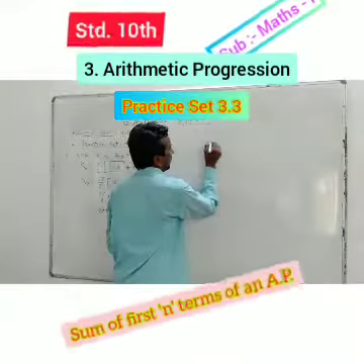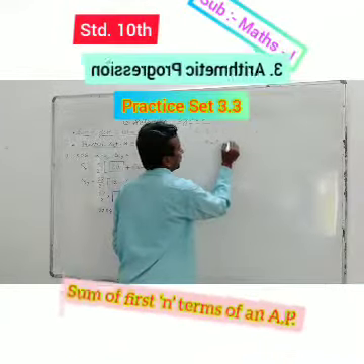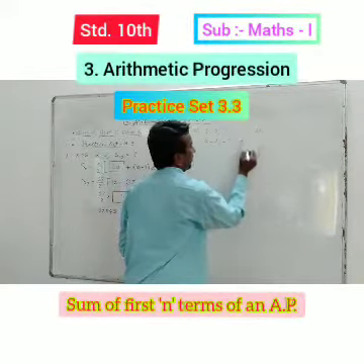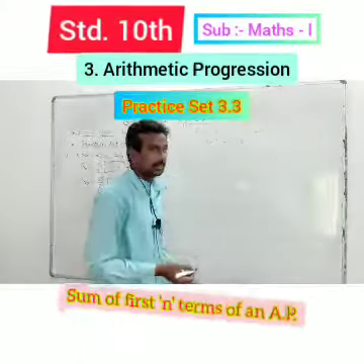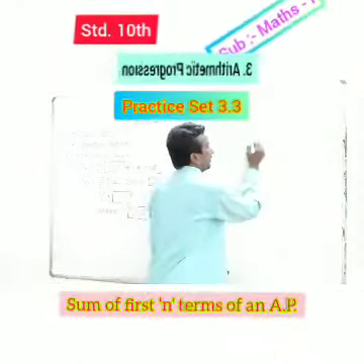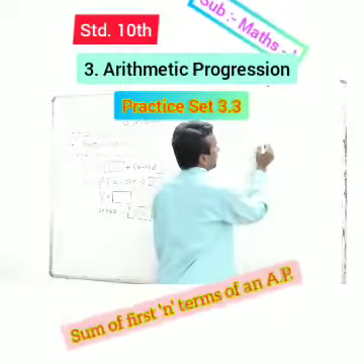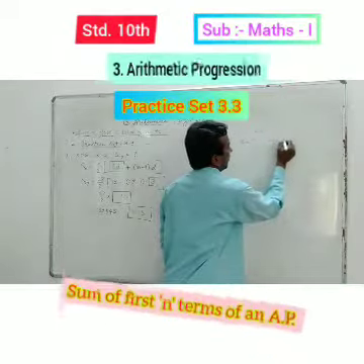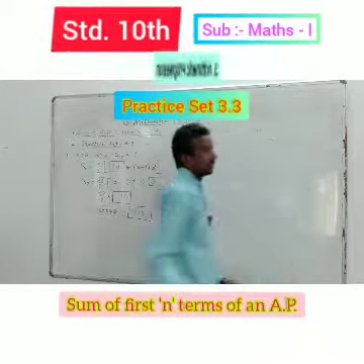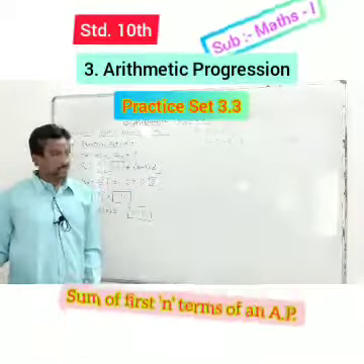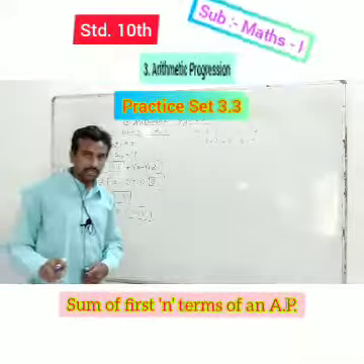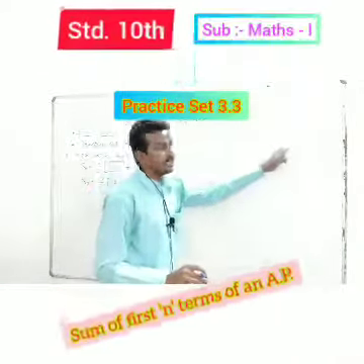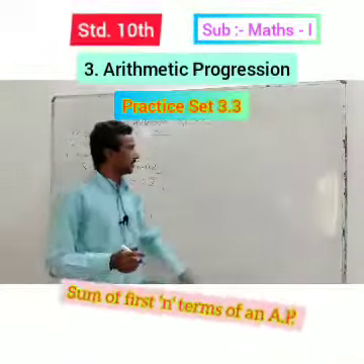Then we have a, the first term T1, equal to 2, and d means the difference between any two consecutive terms. It is even numbers, therefore the difference is 2. Then the value of n: for the sum of first 123 even natural numbers, n is equal to 123.